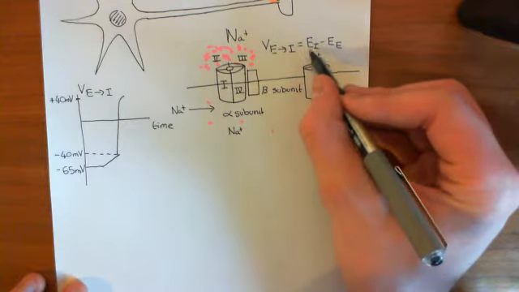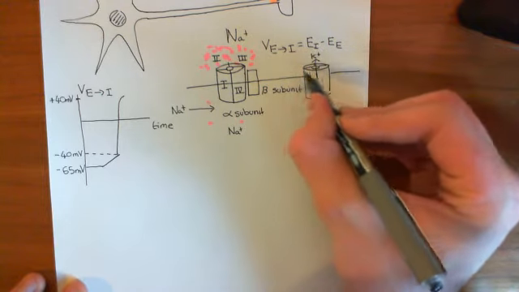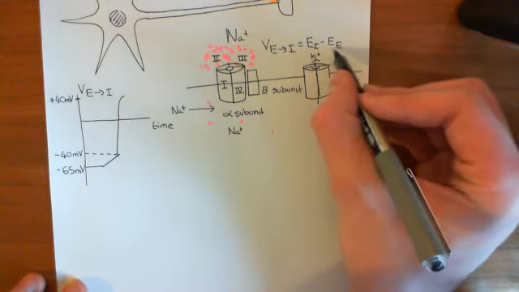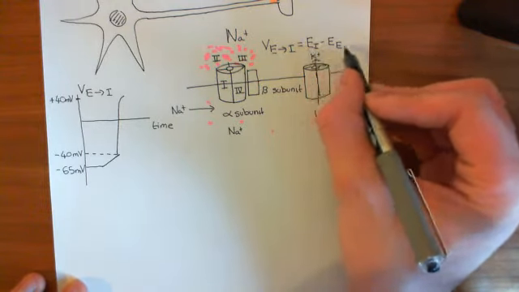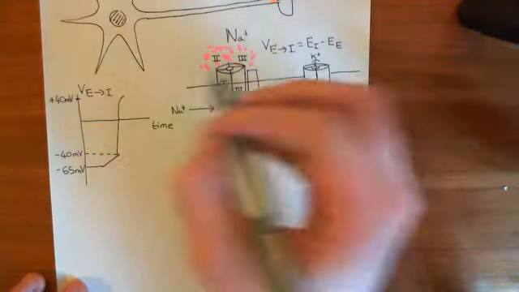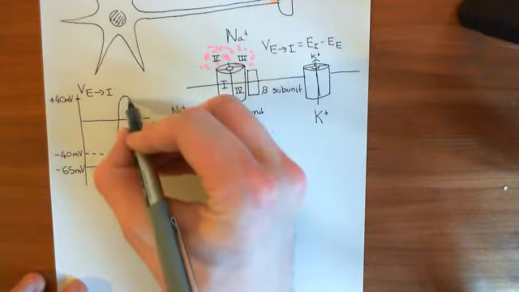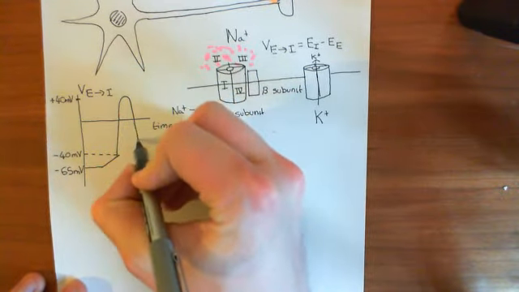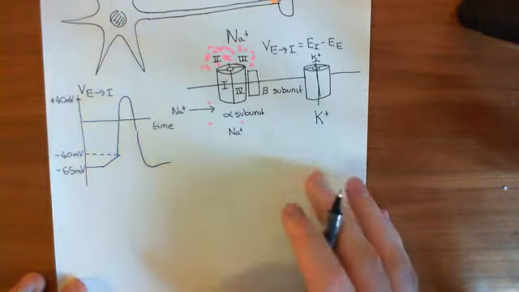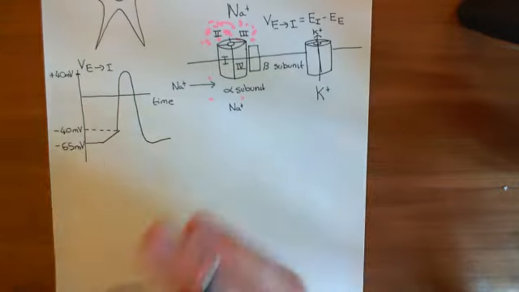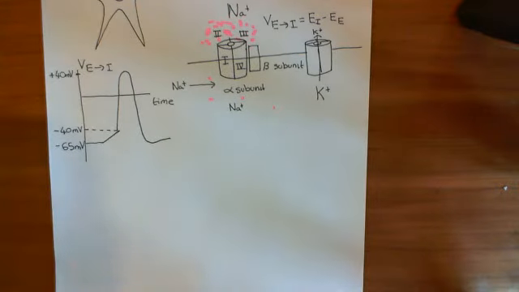This is going to go down, and you're going to raise the electrical potential of the extracellular compartment. This is going to go up. So this is going down, this is going up, this is going to become more negative. So what happens is that you repolarize the electrical potential across this membrane, like so, and then you go back to resting membrane potential. And that's pretty much the action potential.